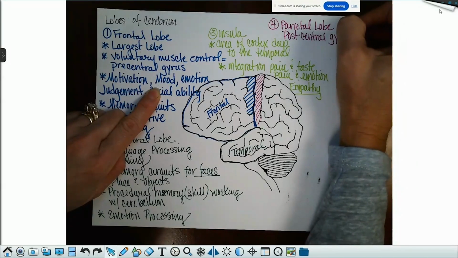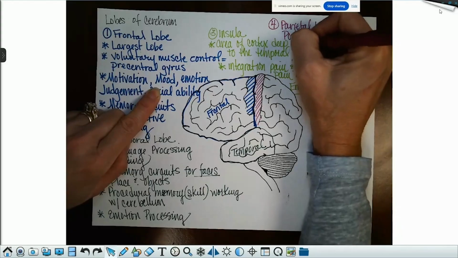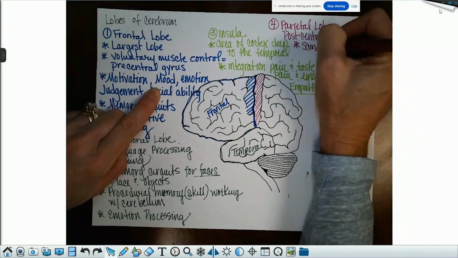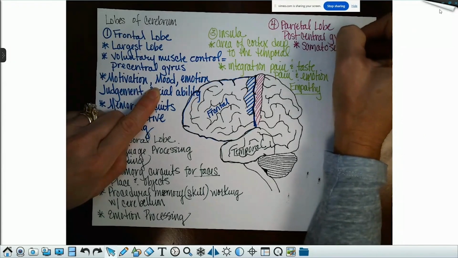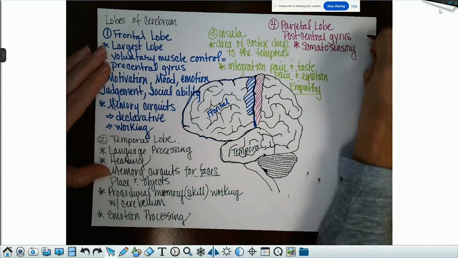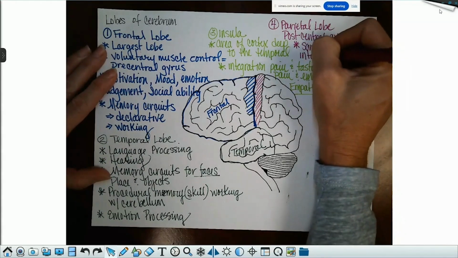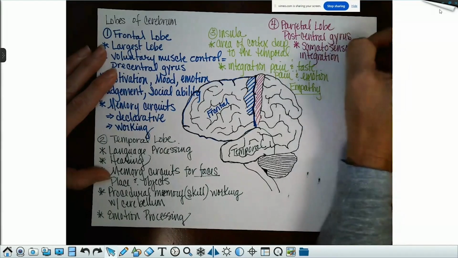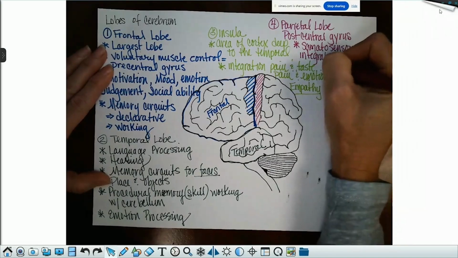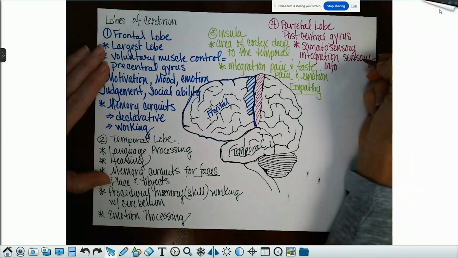And this is involved in somesthetic or somatosensory integration. So basically it is integrating sensory information from all over the body.